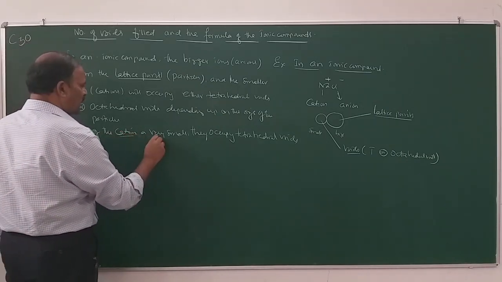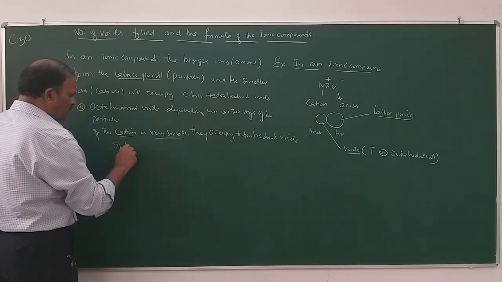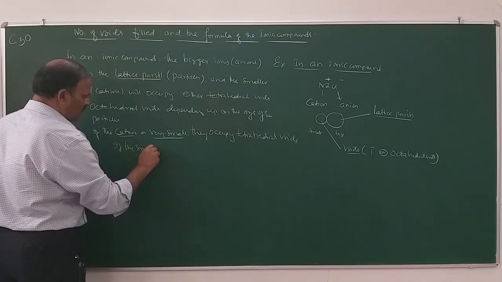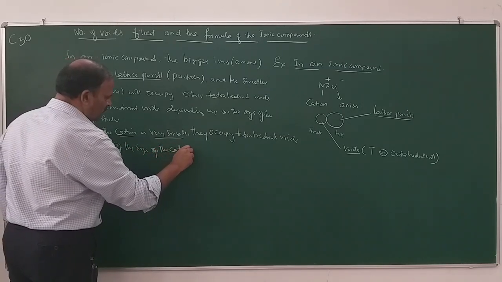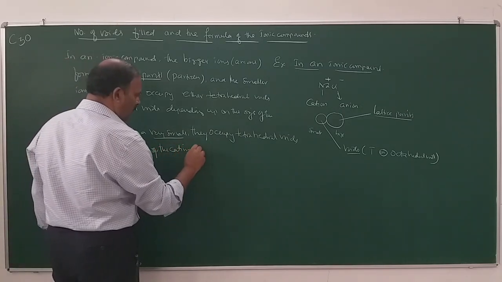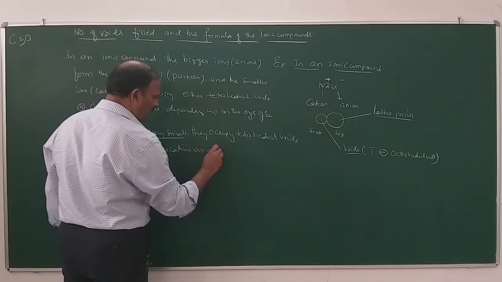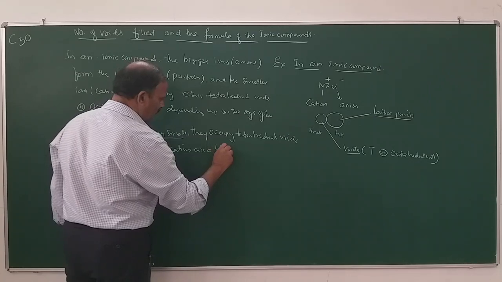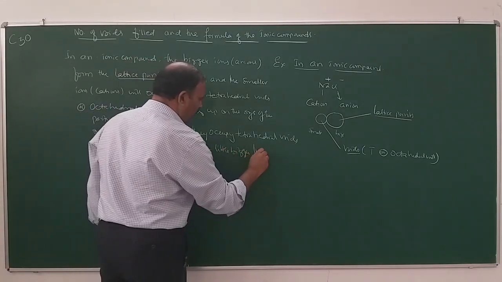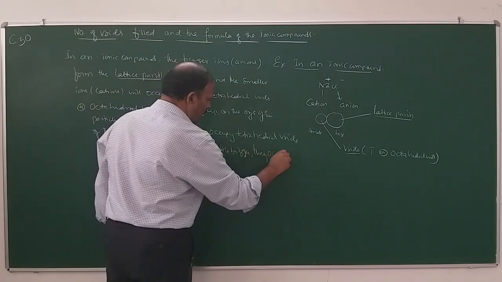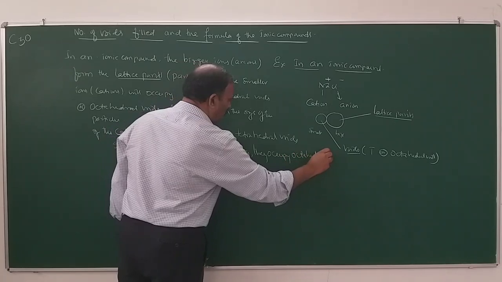So if the cations are very small, they occupy tetrahedral voids. If the size of the cations is a little bigger, they occupy octahedral voids.